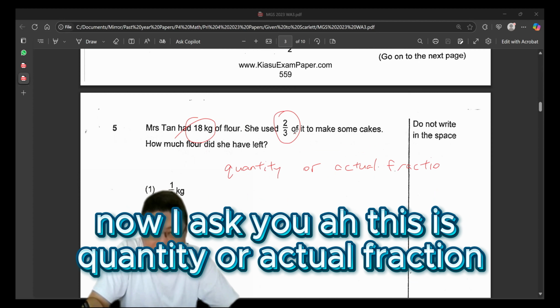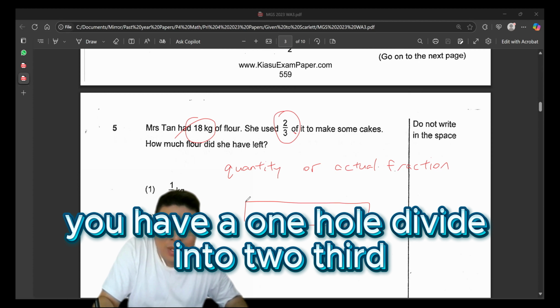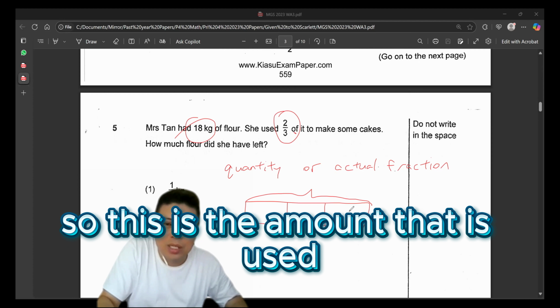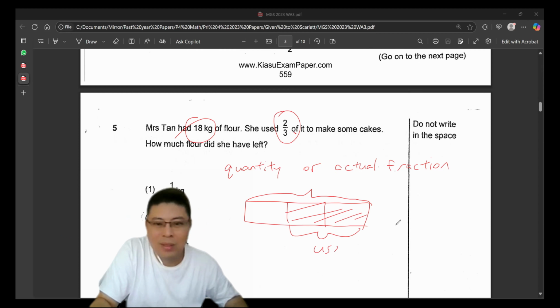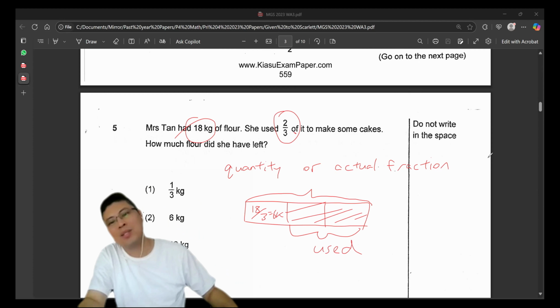Now I ask you, is this a quantity or an actual fraction? Actual fraction, no unit. Actual fraction means you have 1 whole divided into 2/3. So this is the amount that is used. So this will be 18 over 3, 6 kg.